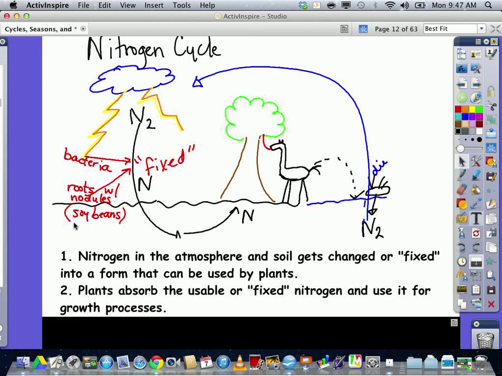So that's where crop rotation comes in. They may not have understood the science of it, but the process was, as they rotated those crops, the nitrogen was able to be fixed again for other crops.